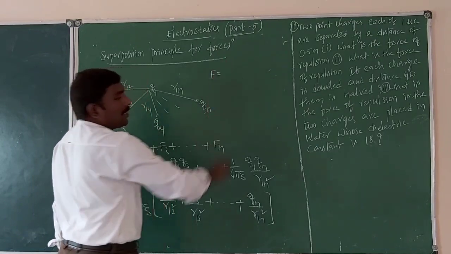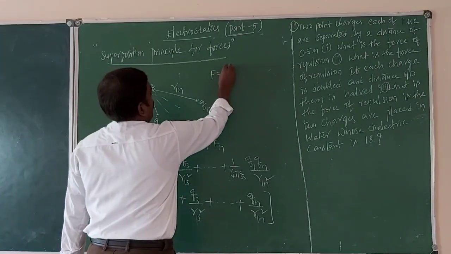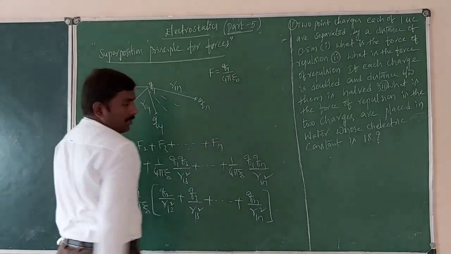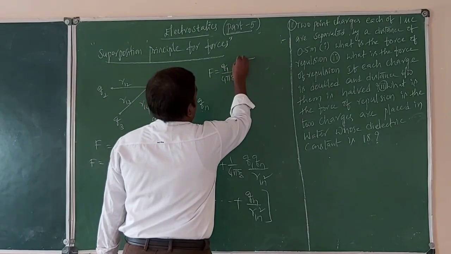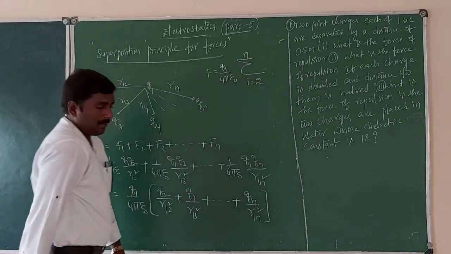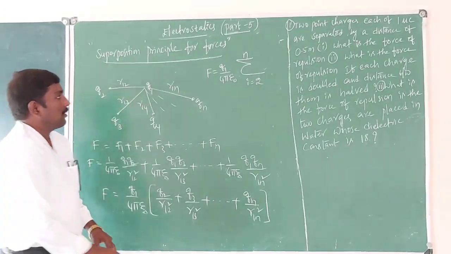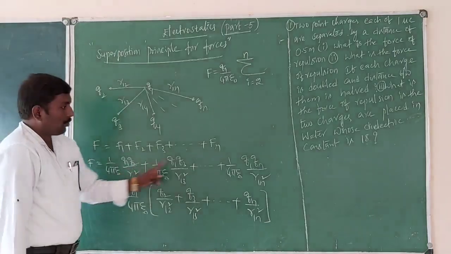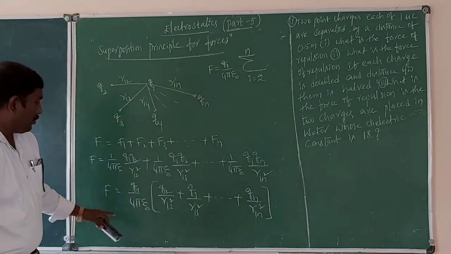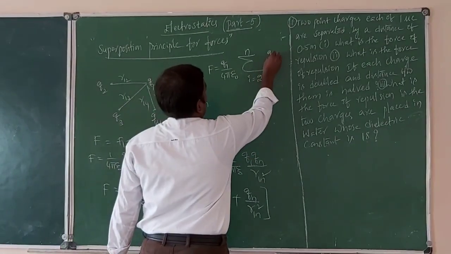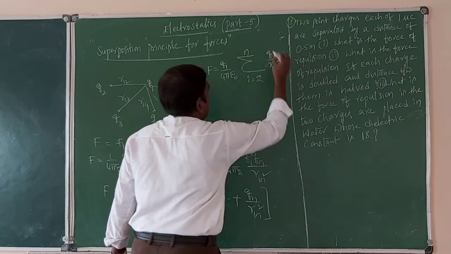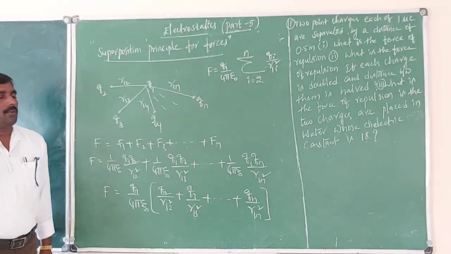F is equal to q1 by 4 pi epsilon naught sigma i equal to 2 to n, qi by r1i square.